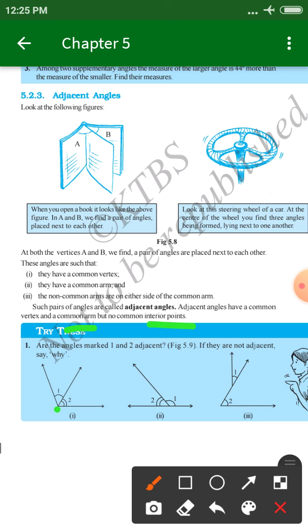So this type of angles are called adjacent angles. So this is the definition of adjacent angles, children. Adjacent angles have a common vertex and a common arm but not common interior points. Take down this example of adjacent angle.